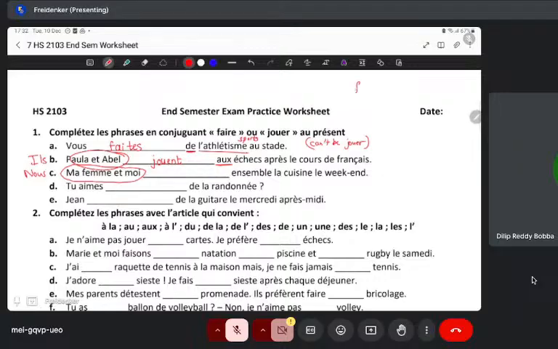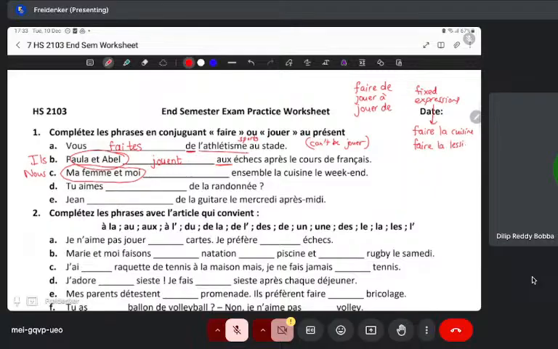Along with faire de and jouer à, jouer de, in minor one I also talked about fixed expressions. They don't change. One of them is faire la cuisine. In one of the minor worksheets, you will find this faire la cuisine. Then doing the laundry, right? Faire la lessive.